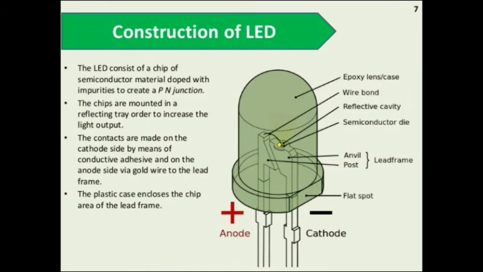Construction of LED: a light emitting diode consists of a chip of semiconductor material doped with impurities to create a PN junction. The chip is mounted in a reflecting tray in order to increase the light output.